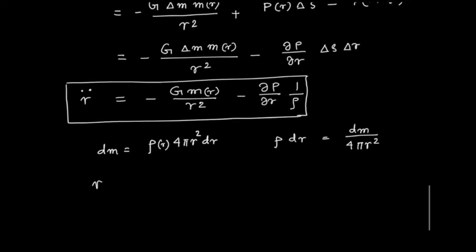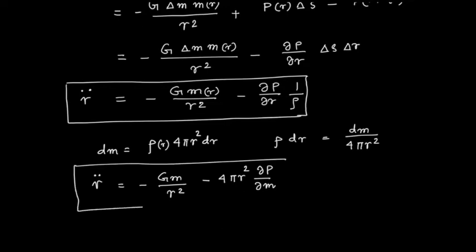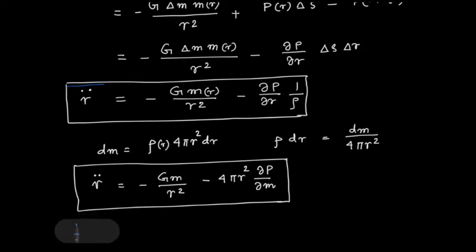So the other way of writing this equation will be r double dot equals minus G M by r square minus 4 pi r square times del P del m instead of r. These are the two forms of a second stellar structure equation.